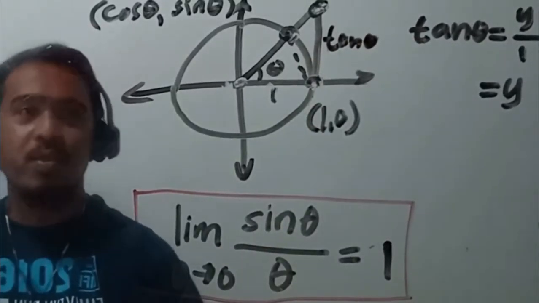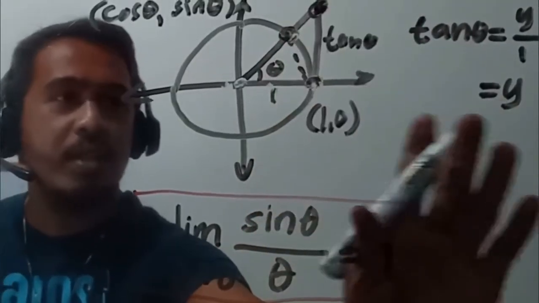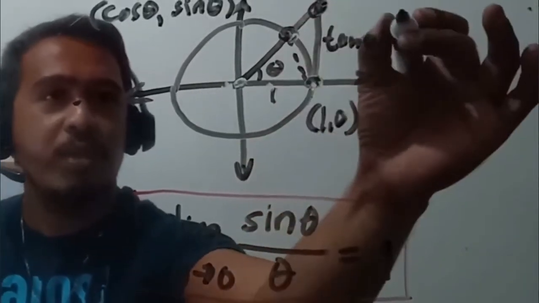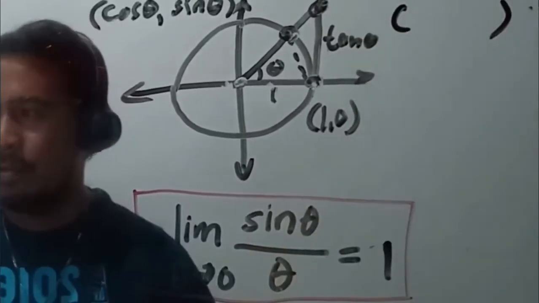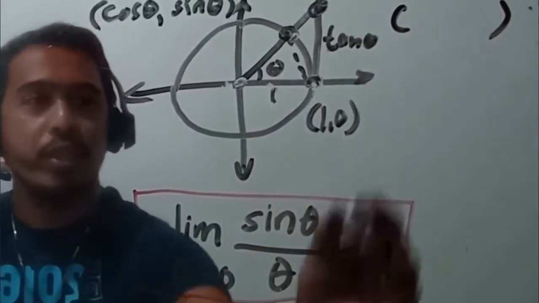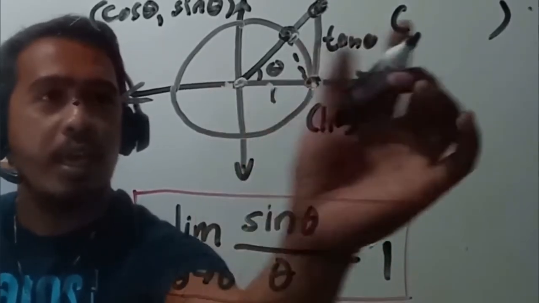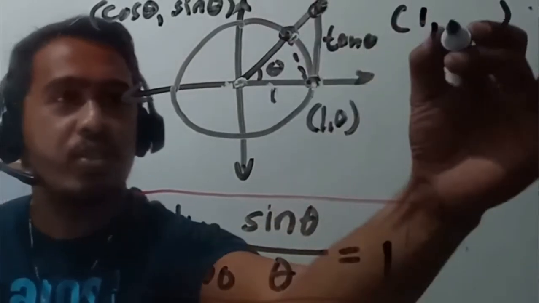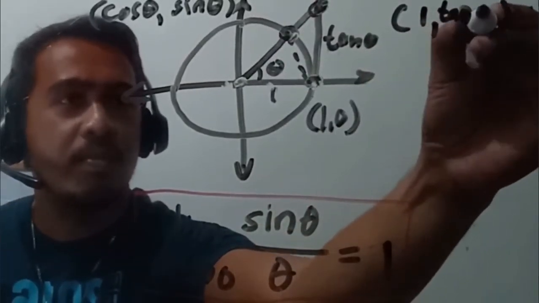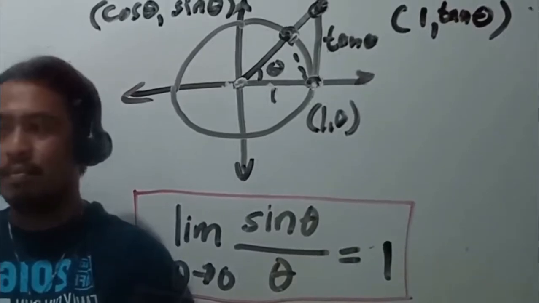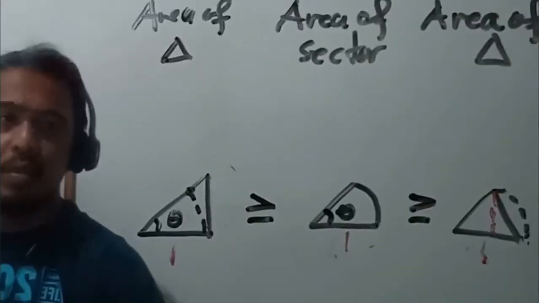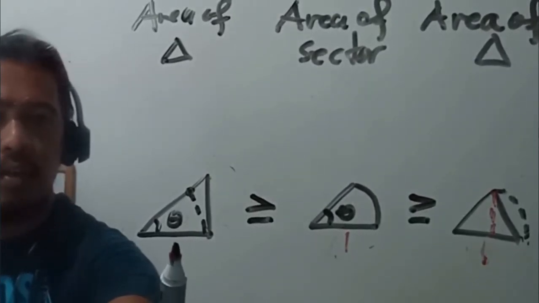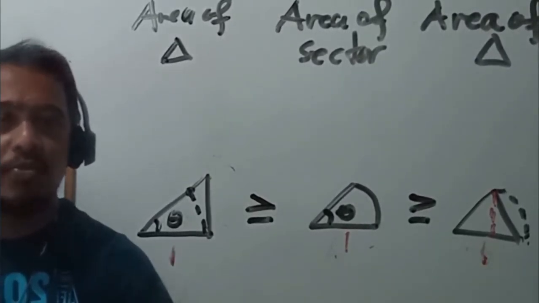If that is tangent of theta, then we can easily determine the coordinate of that point: the x value is 1 and the y value is tangent theta. To continue, we will be finding the area of this bigger right triangle.